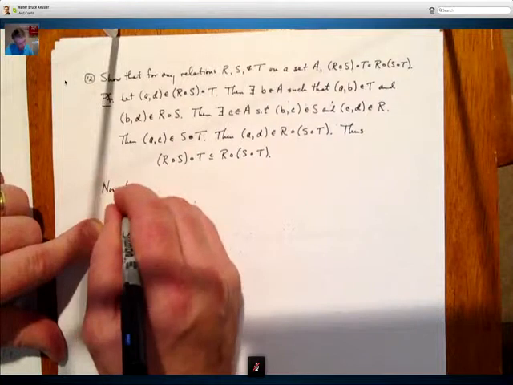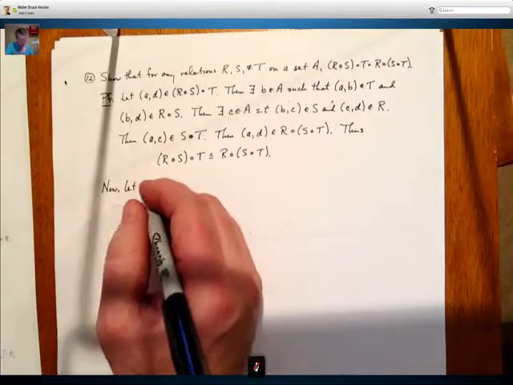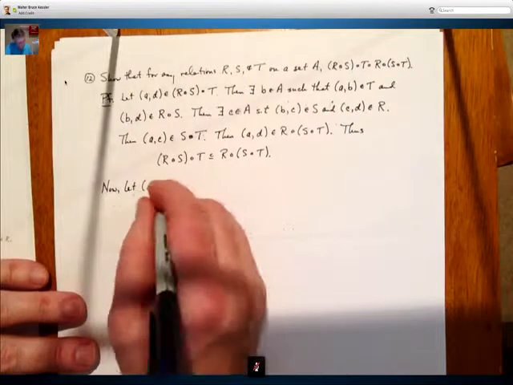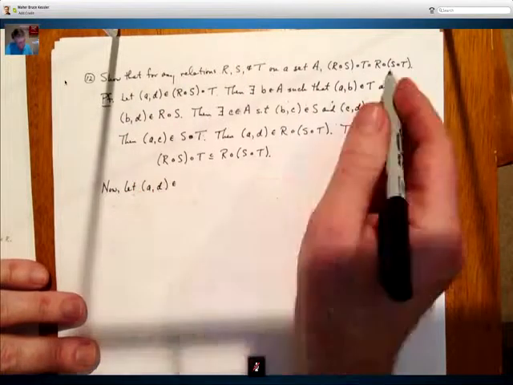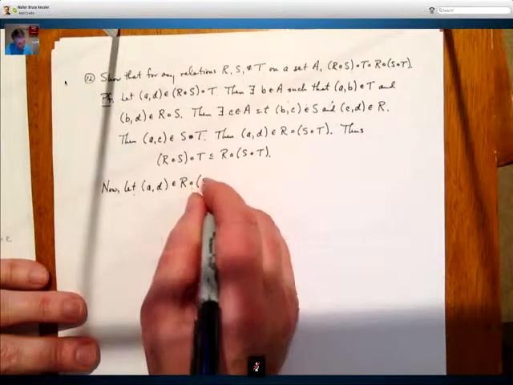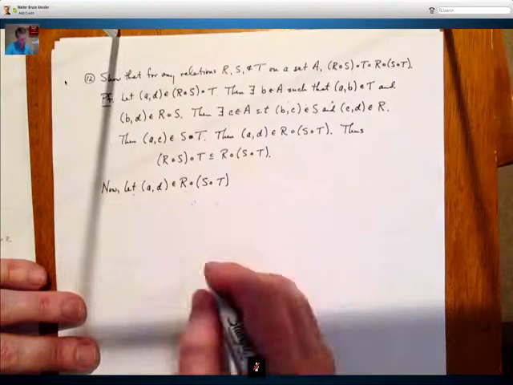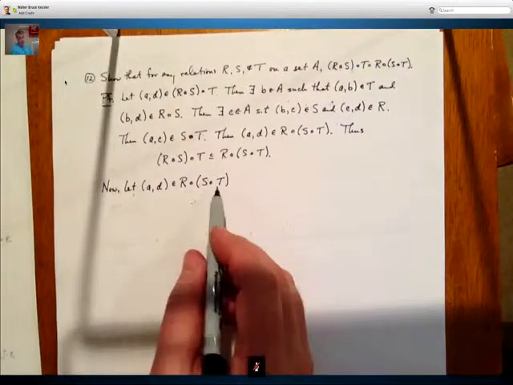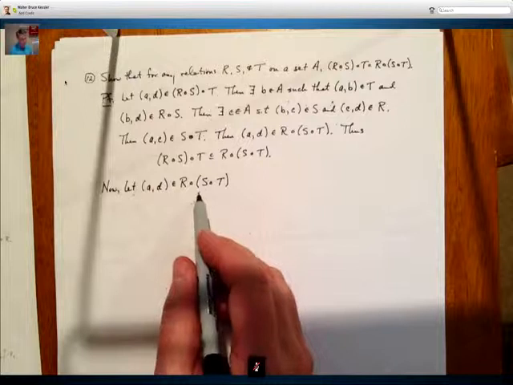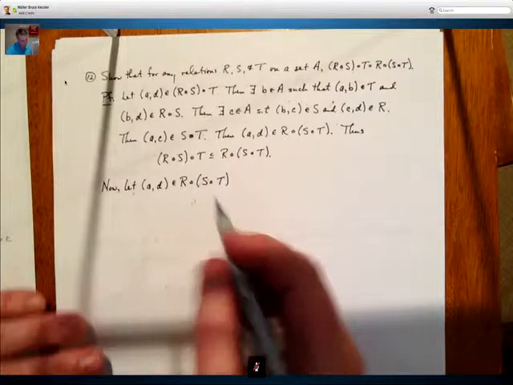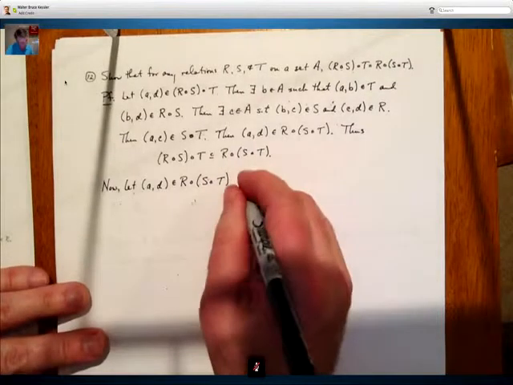Okay, now let's go the other way. Now, let AD be an element of the right-hand side, R composed with the quantity S composed with T. Okay, then A comes out of S composed with T. There's some connector there. It doesn't matter if I call it B or C or whatever it is.